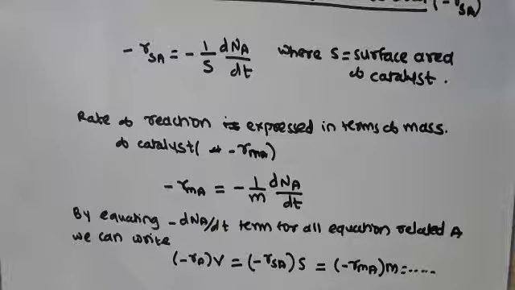We have also seen the different methods of expressing the rate, either in terms of surface area of catalyst or in terms of mass of catalyst, and the correlations between them. We have also seen how the rate is measured.